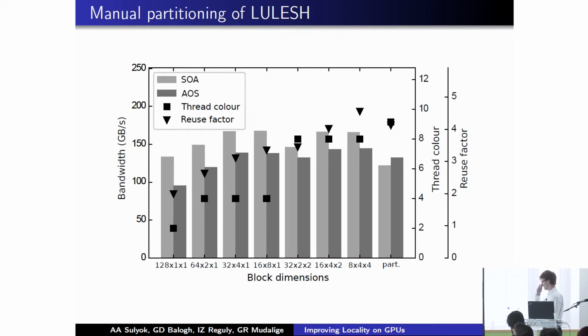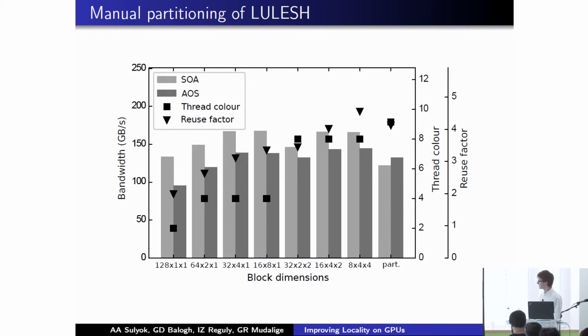This can be examined more closely if we handcraft the blocks in Lulesh, because Lulesh uses a structured mesh, just with an unstructured representation of it. So we could generate different shapes and sizes of blocks and analyze the thread color number and the reuse factor and their effect on performance.